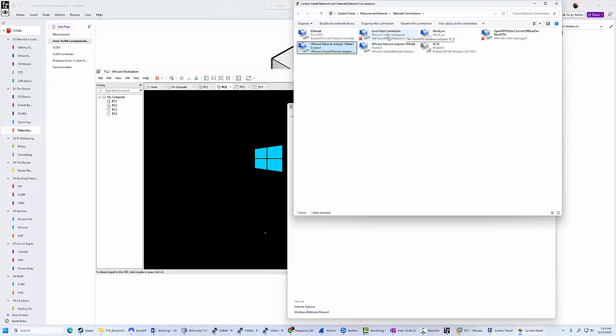This one is for my VPN, and I don't know what that one is for either. That's Nord too. I'm not going to mess with those, because I don't want to have to worry about troubleshooting when my Nord will not run. There's some weird error that I've never seen before.